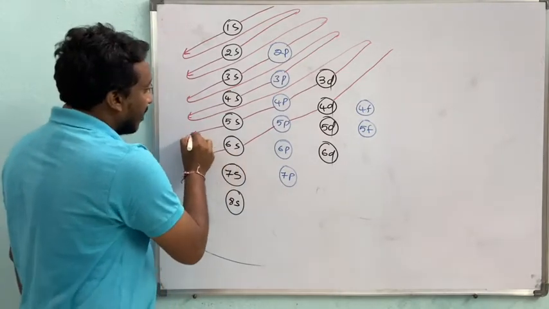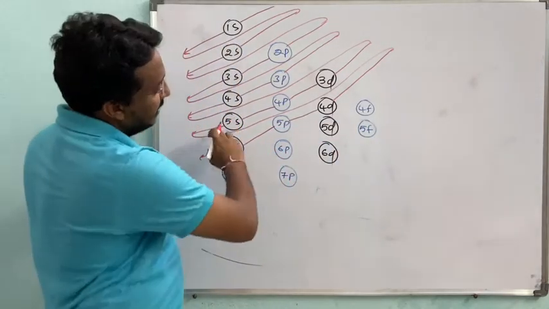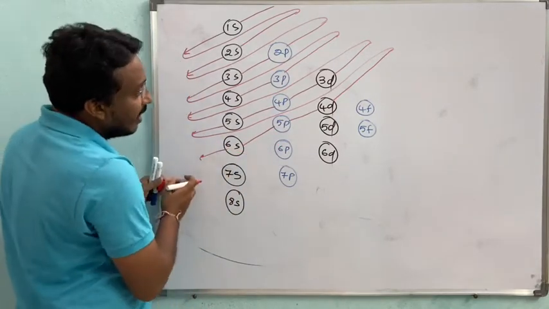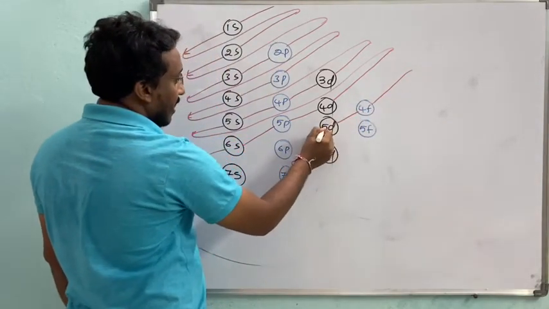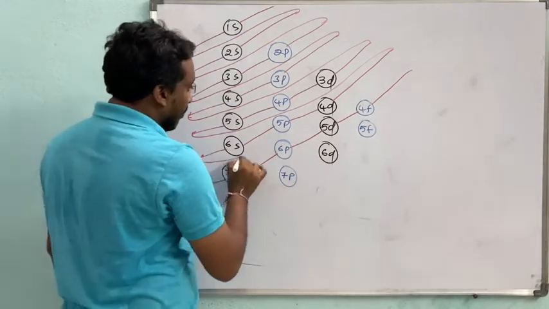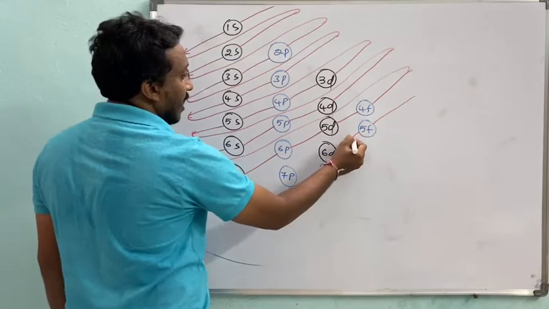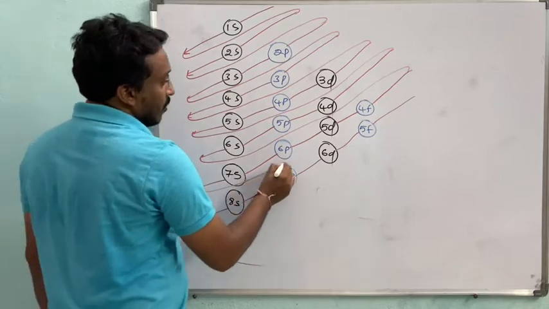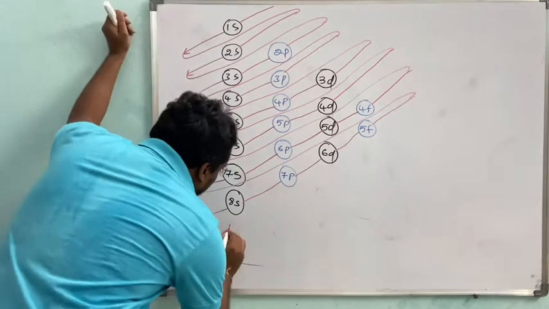After filling in 5s, it goes to 4d, 5p, 6s, and then the electron can join 4f, after that 5d, 6p and 7s, and it comes out. Then next, 5f, 6d, 7p and 8s. This chart is called the Moeller chart.